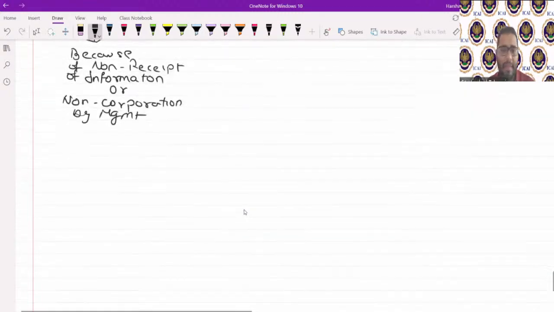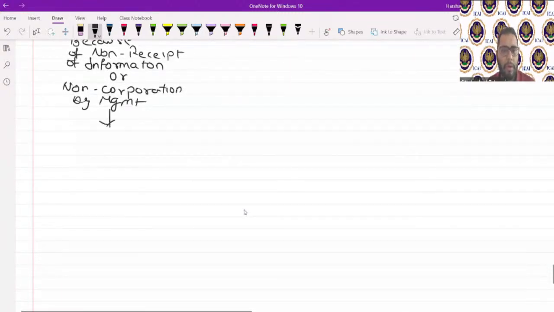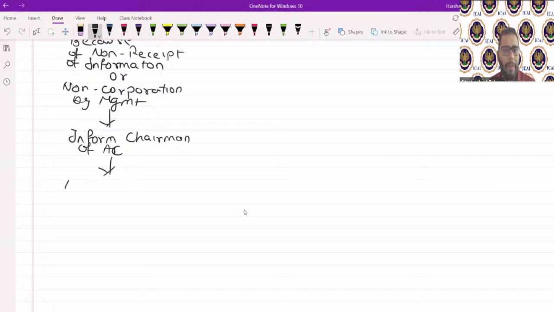In these cases, inform the chairman of the audit committee, and the audit committee will immediately consider this.